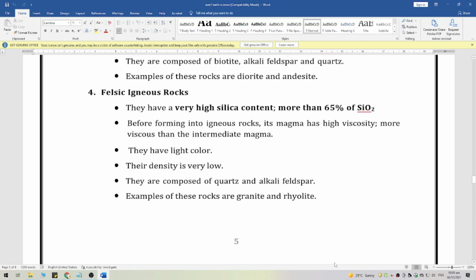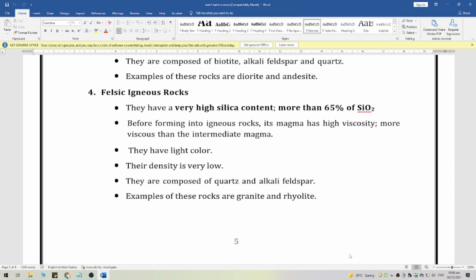Meron naman tayong tinatawag na felsic igneous rocks. Now, these are the ones with a very high silica content, more than 65% of the substance itself. Before forming into igneous rocks, its magma has high viscosity, so malapot daw, more viscous than the intermediate magma.